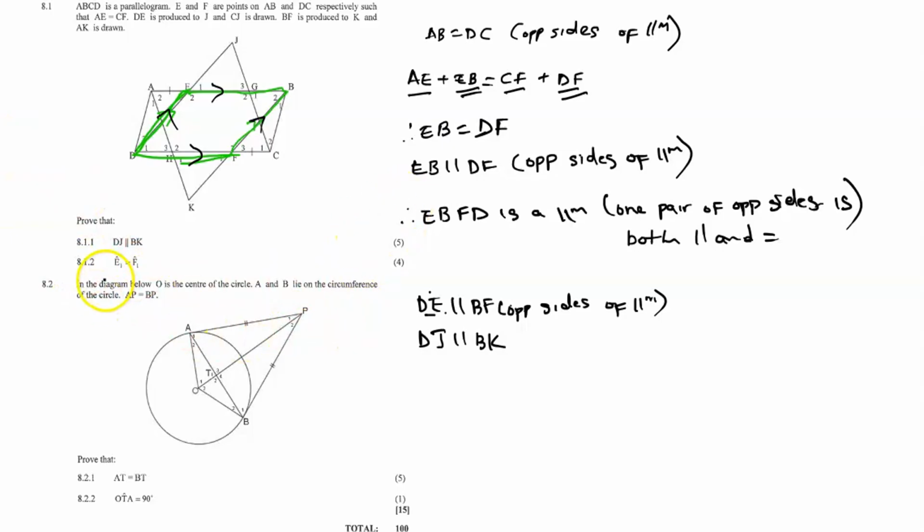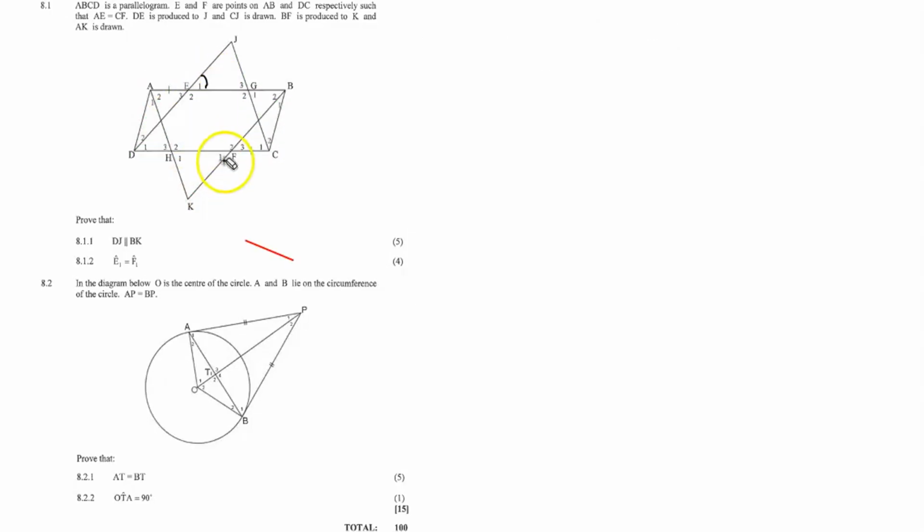8.1.2. Prove that E1 is equal to F1. So this is E1 and then this is F1. So now we have to try and find one angle that is equal to both these. Now, which angle is equal to both E1 and F1? As we can see, we already know that this is parallel to this one, and this one is parallel to this one as well.